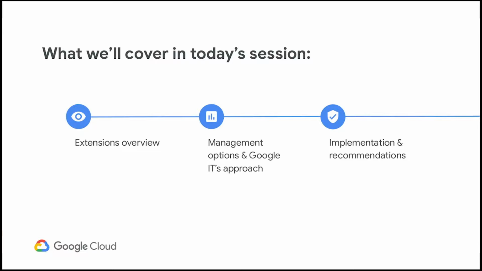Then I'll softball it over to my pal Nick, and he'll talk a little bit more about how Google manages extensions internally and how we moved from a traditional way of managing extensions through whitelists and blacklists to a more enhanced methodology that we'll detail there. And then we'll wrap everything up and talk about how you yourselves as administrators can roll this out in your enterprise.